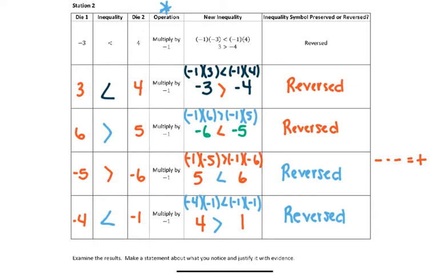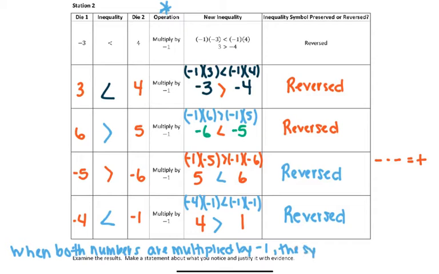So I'm going to add it over here: when both sides, or both numbers, are multiplied by -1, the symbol changes. And we call that symbol being reversed. So I'm going to add that in there as well. So I'm going to say reversed.